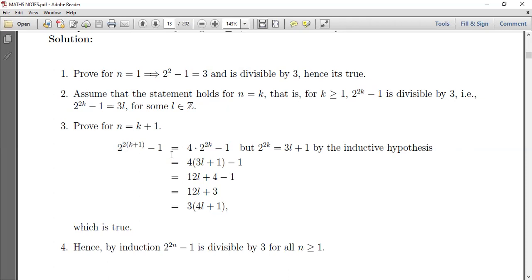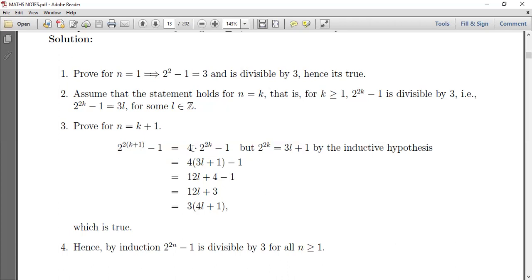Since I'm multiplying the powers, you know the laws of indices, I'm saying 2 to the power 2 times 2 to the power 2k minus 1.